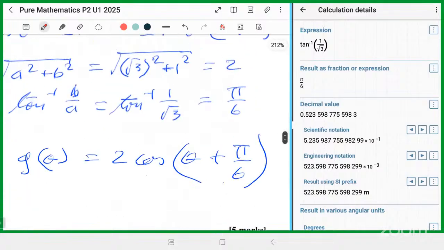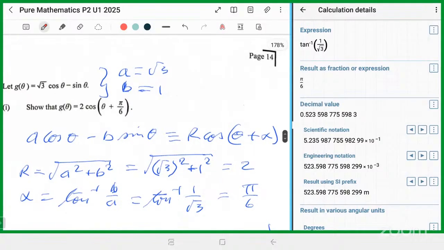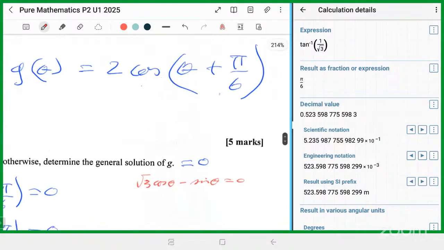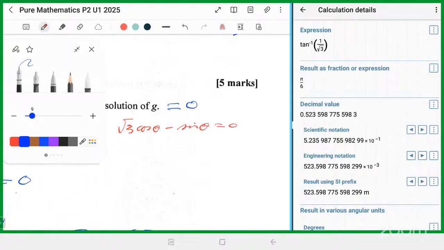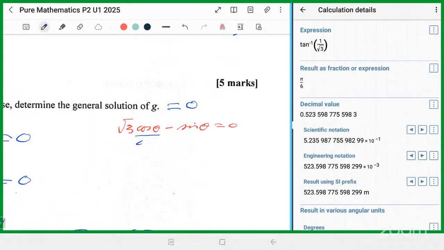To solve this one, divide both sides by cos and form tan. So divide this by cos theta, divide that by cos theta, and divide this by cos theta as well. And then what would happen is that this will become root 3.